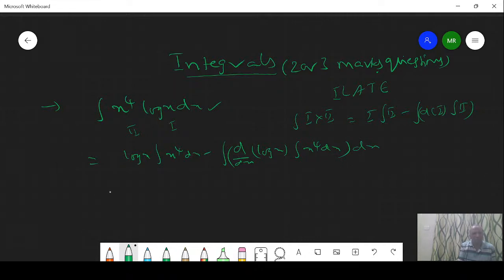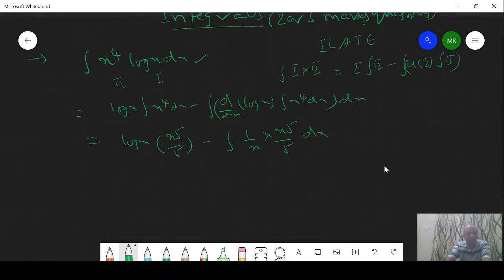Now this will become log x into x power 5 by 5, minus integral of derivative of log x, which is 1 by x, into x power 5 by 5 dx. Now I can continue here.